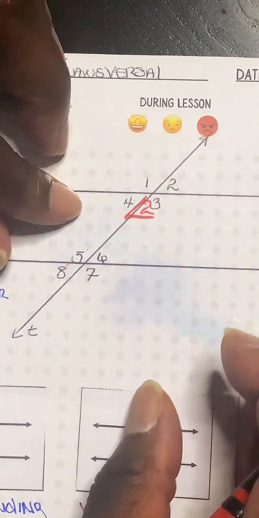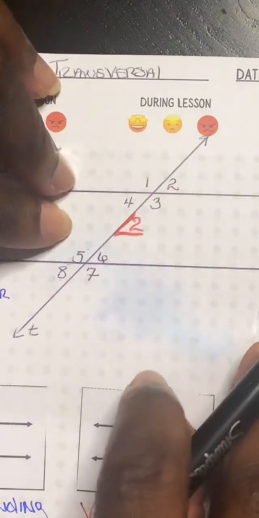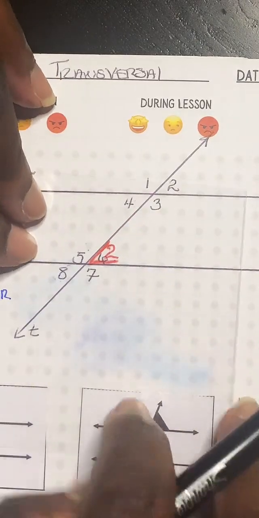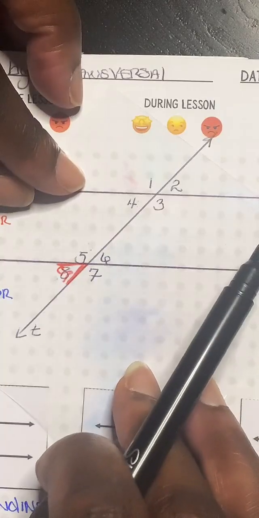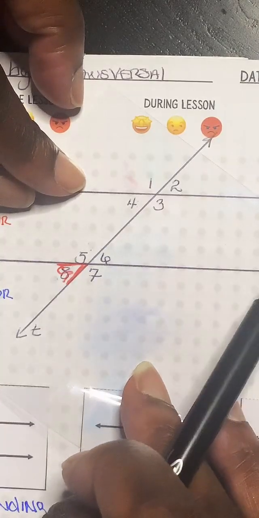Okay, so angle 2, it matches up with 6. But then 6, we got a vertical angle with 8. And we can see it's basically the same measure.